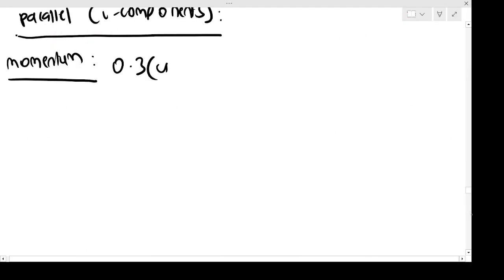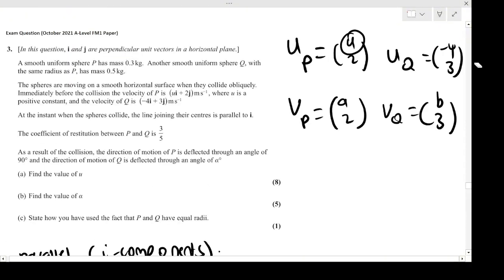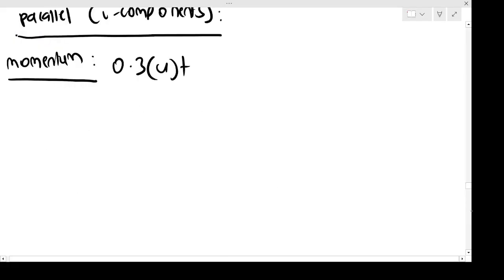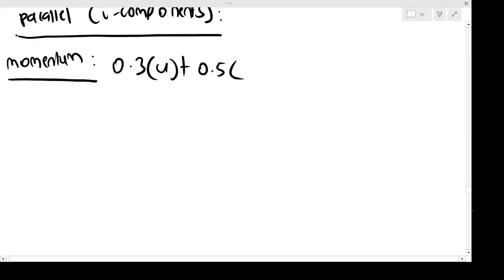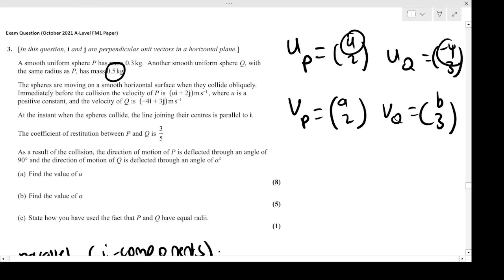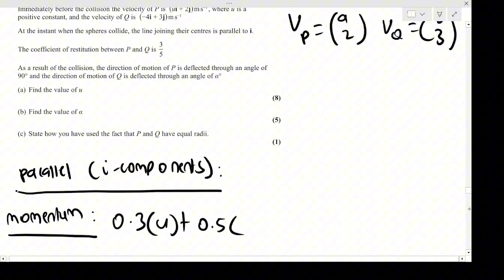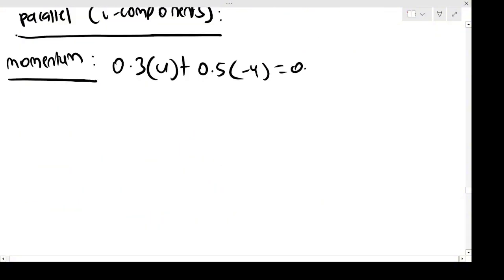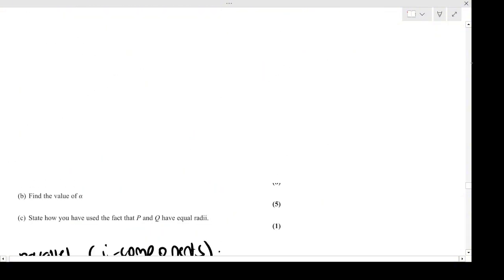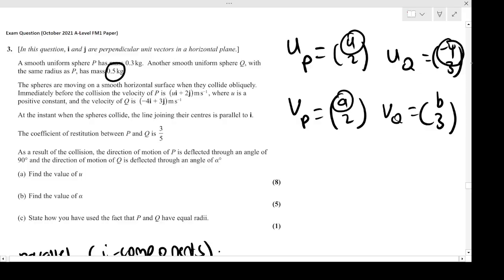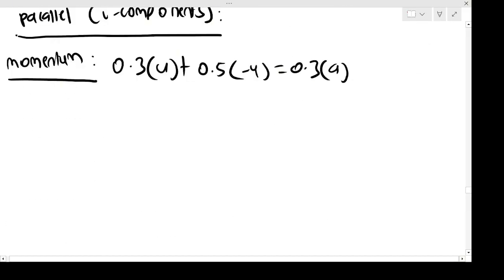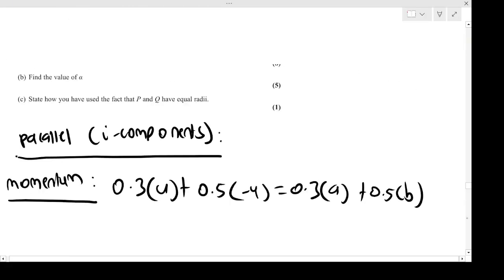And then for Q, the mass is 0.5, and then minus 4 for the I component there for Q. Then it's going to be 0.3 lots of the I component A for P afterwards, and 0.5 lots of B for Q afterwards.